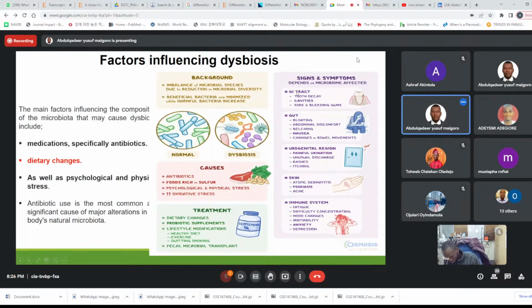For example, children suffering from autism spectrum disorder, one of their main symptoms is GI tract problems. Also, gut bloating and all that. So these are the things that this dysbiosis can result in.